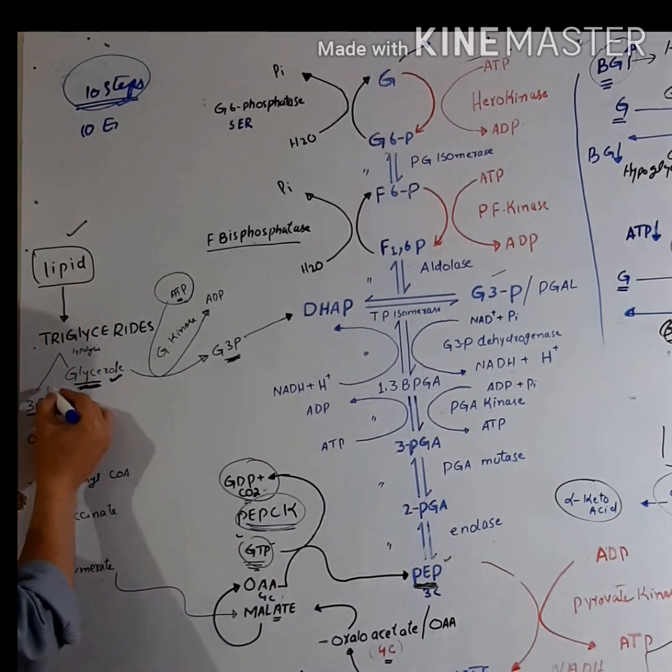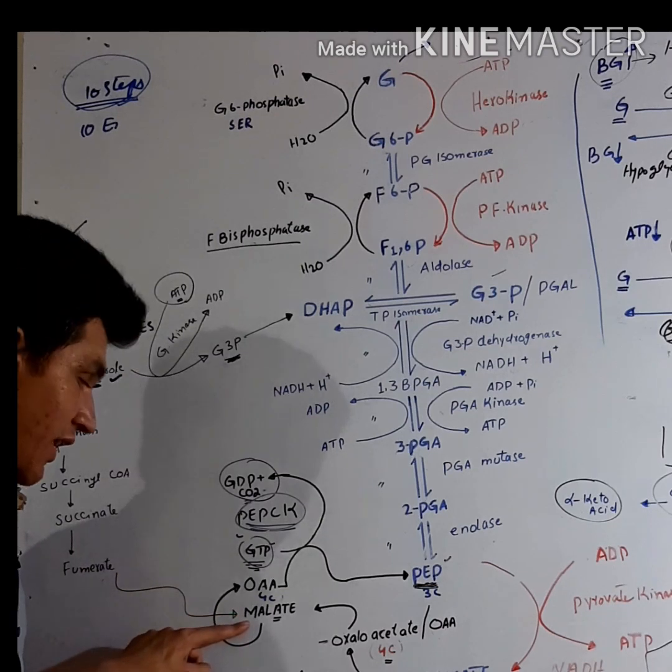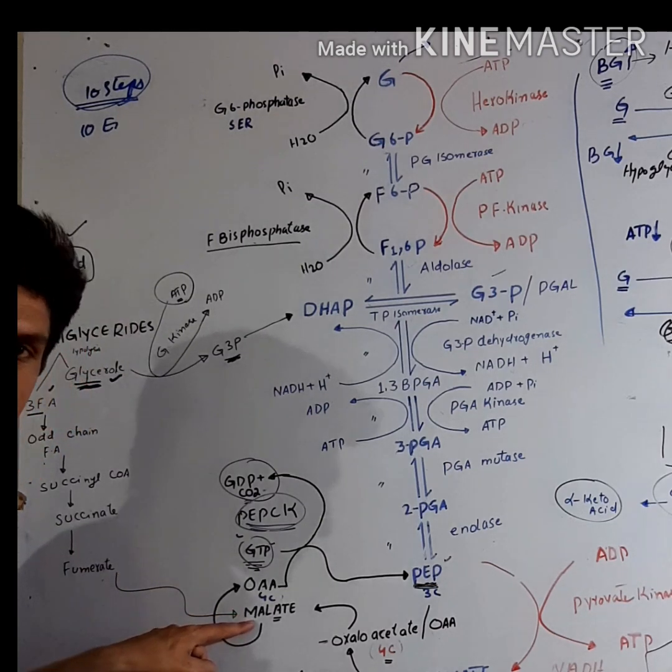The fatty acid of the triglyceride, if it is an odd chain fatty acid, is converted to succinyl coenzyme A, which is an intermediate of the Krebs cycle, then into succinate, also an intermediate of the Krebs cycle, then fumarate, also an intermediate of the Krebs cycle, and finally into malate, also an intermediate of the Krebs cycle.